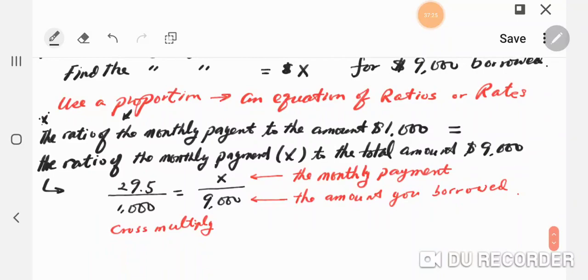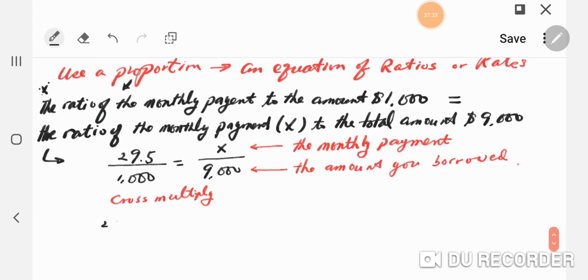Because this equation is a proportion using ratios, use cross multiply. Then $29.5 times $9,000 is equal to $1,000 times X. And then divide each side by 1,000.